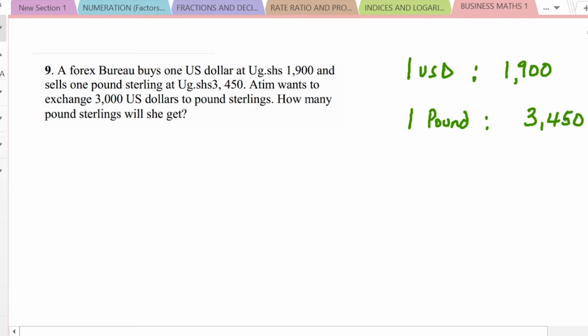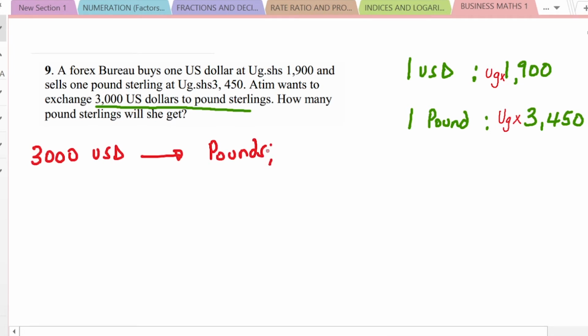A team wants to exchange 3,000 US dollars to pound sterlings. How many pound sterlings will she get? This person has 3,000 US dollars, and they want to convert them to pounds.